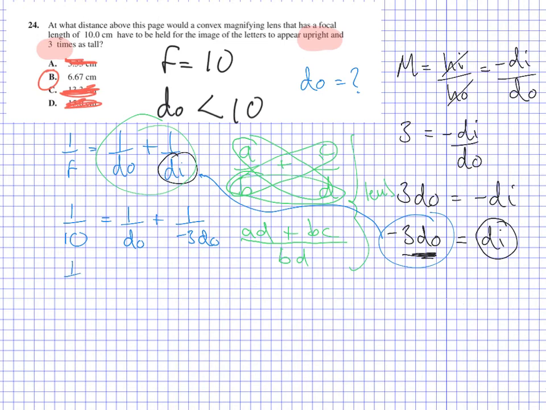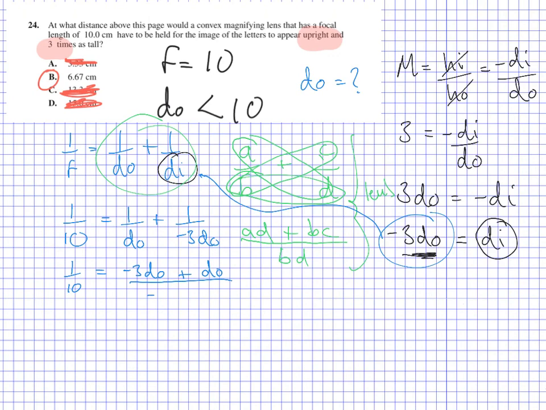So let's go ahead and simplify this. 1 over 10 is equal to, well, now I do my cross multiplication. So 1 times negative 3 DO is negative 3 DO, plus 1 times DO is DO, and then all over DO multiplied by negative 3 DO. Well, this is essentially 1 DO multiplied by negative 3 DO.